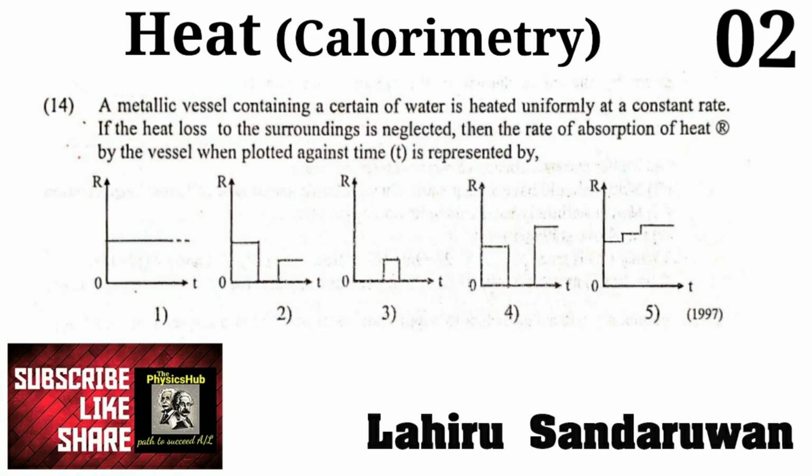A metallic vessel containing a certain amount of water is heated uniformly at a constant rate. If the heat loss to the surrounding is neglected, then the rate of absorption of heat R by the vessel, when plotted against time T, is represented by?